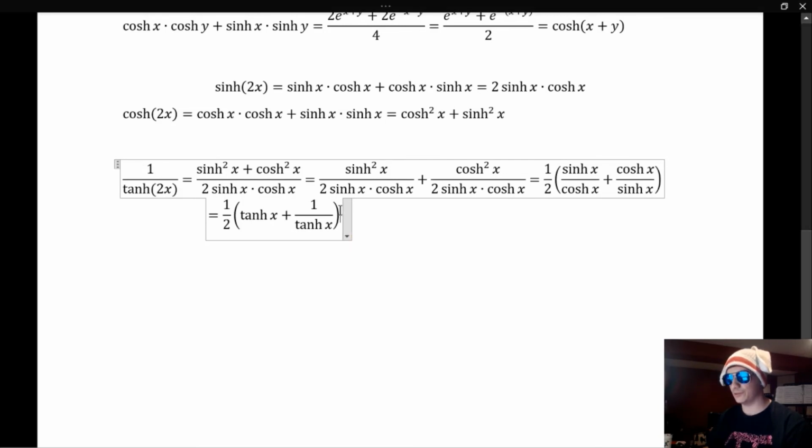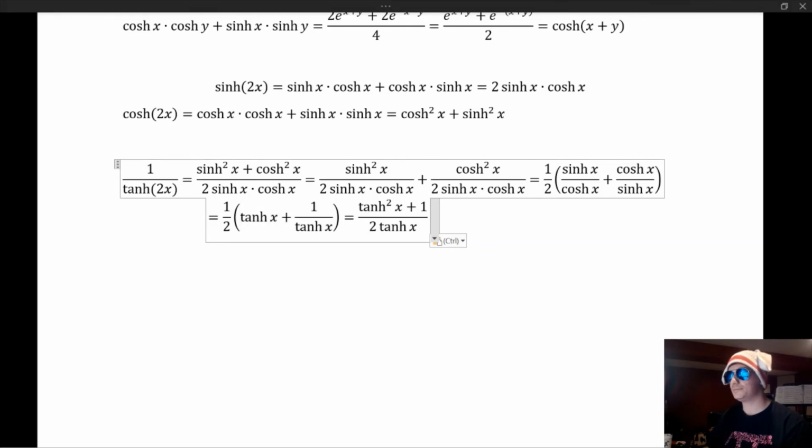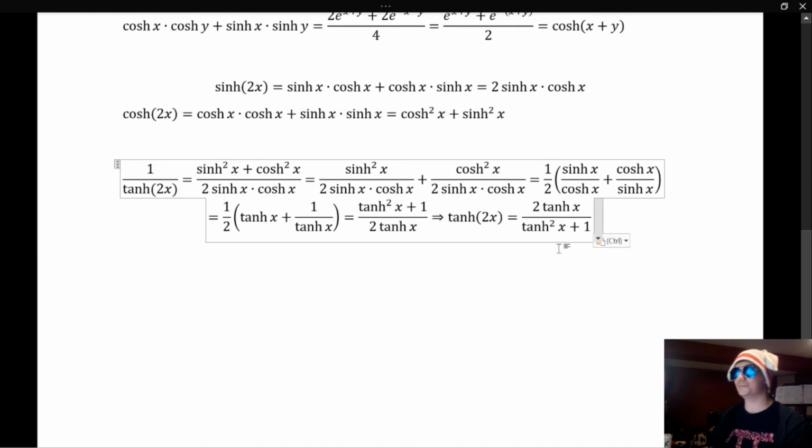Remember, we still have the 1 over 2 factored, but we're going to bring it back in, because with some fraction algebra, we get tanh squared x plus 1 divided by 2 tanh x. Therefore, tanh 2x equals 2 tanh x divided by tanh squared x plus 1.